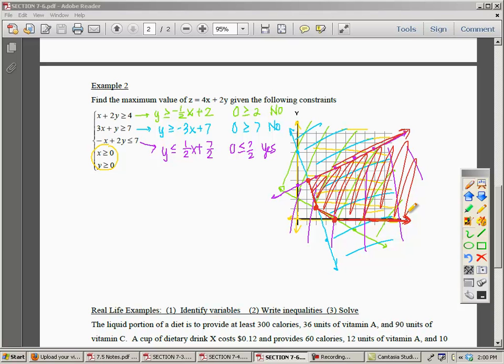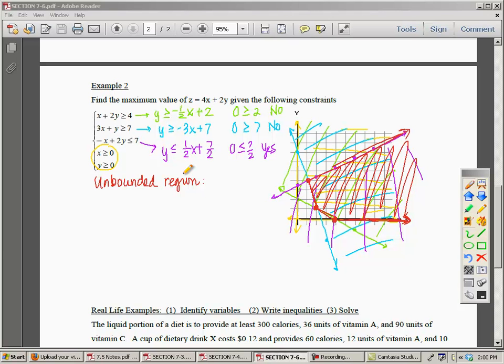Now they're asking you for a maximum value. So let's talk about this idea of the maximum. First of all, we have an unbounded region. And if you have an unbounded region, you are either going to have a maximum or a minimum. And so if we kind of look at this, let's just talk about the vertices we have so far.